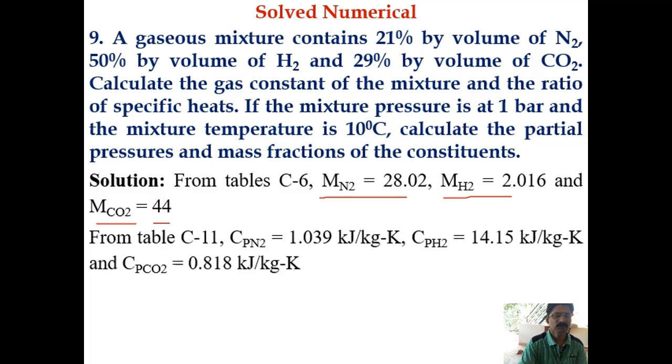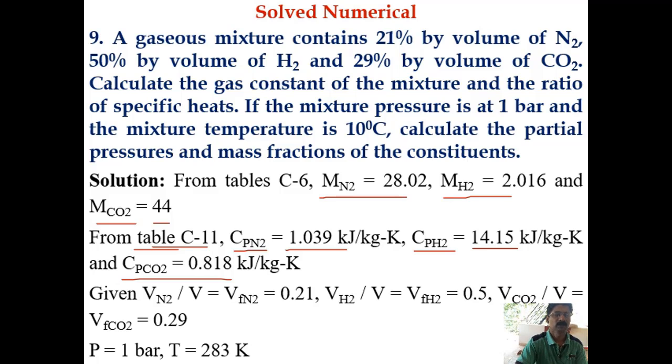Okay. Similarly, from table 11, though the table number may vary, the first one is the molecular weight table and this is the specific heat table. Specific heat for nitrogen is 1.039, specific heat of hydrogen is 14.15 and specific heat of carbon dioxide is 0.818. You have to refer to this from the table. No need to refer for the molecular weight because you can remember that.